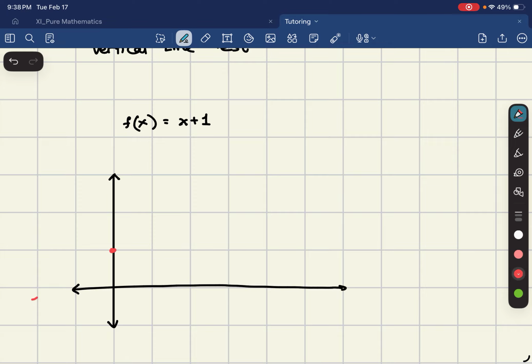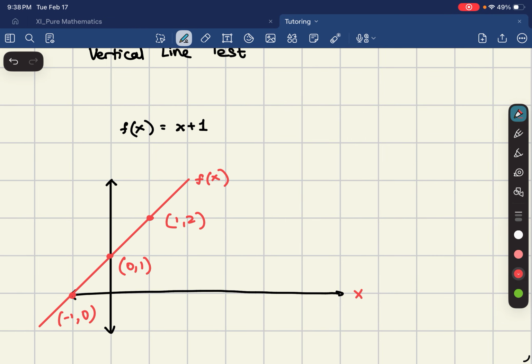It's going to pass through here. It's going to look something like this. With this being 0, 1, this is going to be 1, 2, and so on. And this is going to be negative 1, 0. But this is basically f of x, the graph of f of x and x. And this is y. So if you're graphing y is equal to f of x here.